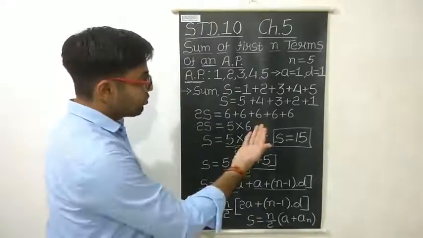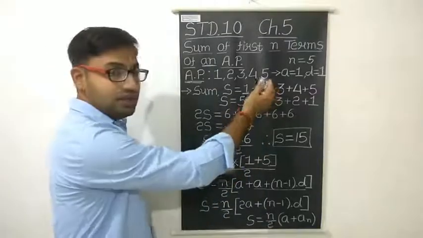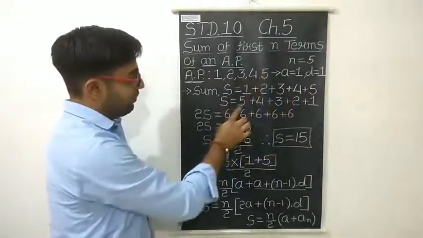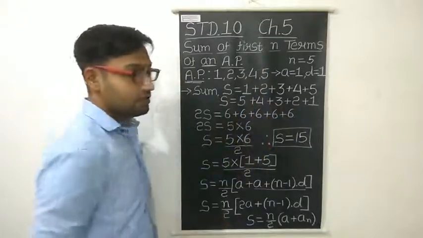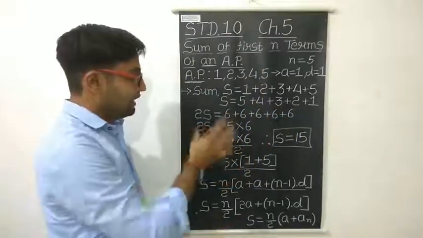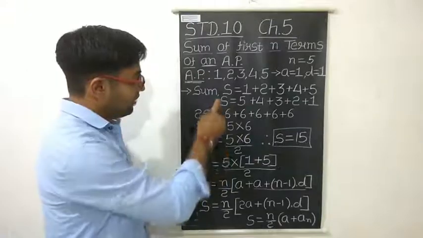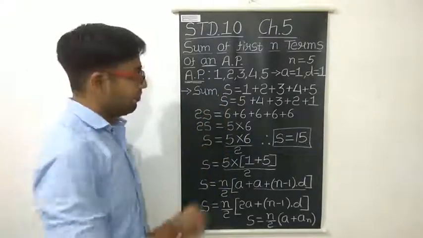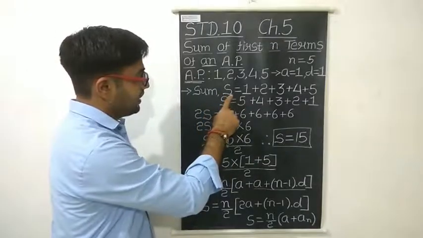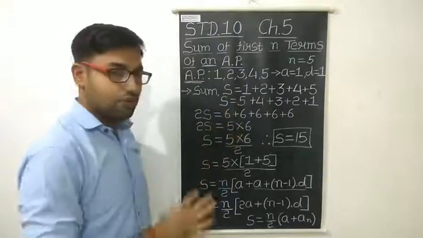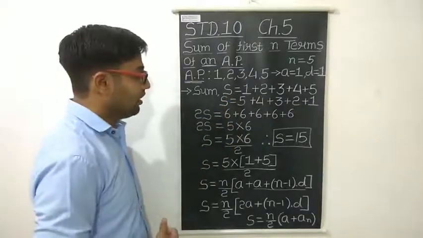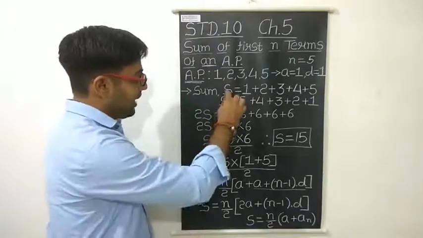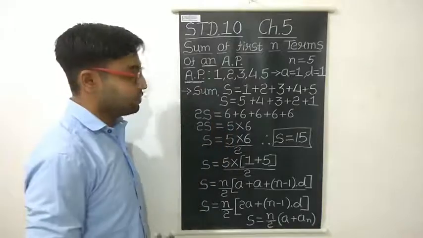We can also add it from last to first, 5 plus 4 plus 3 plus 2 plus 1. Yes, because it is addition, so both give the same value. That is why it is represented as S and S. Both values are the same.